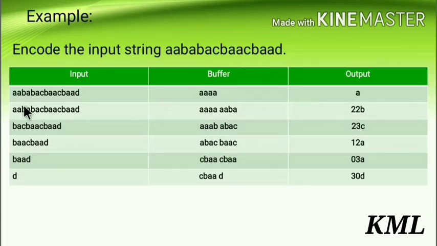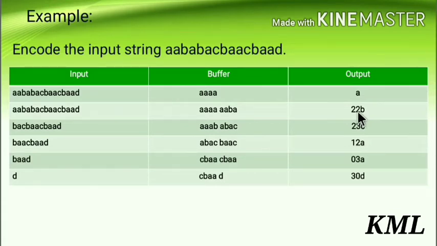Next, you took these 4 letters, so you cancel them and take the remaining string in the next step. Now you got the length as 2 here, so you have to shift the buffer by this length plus 1 positions.